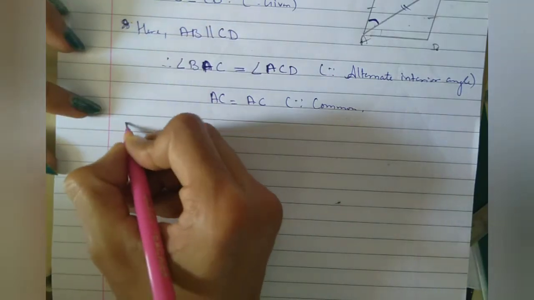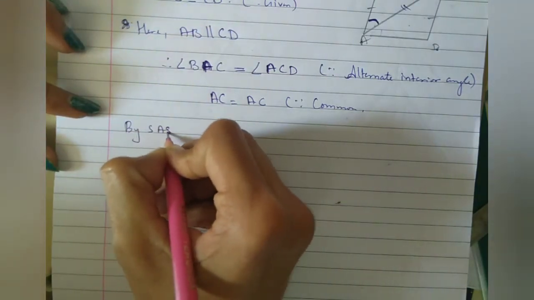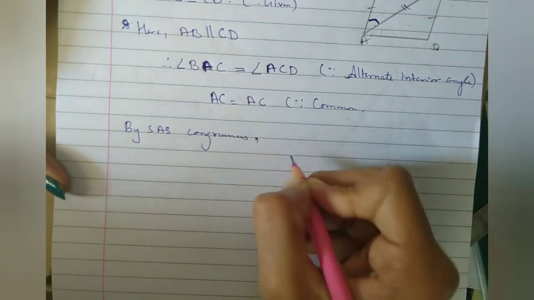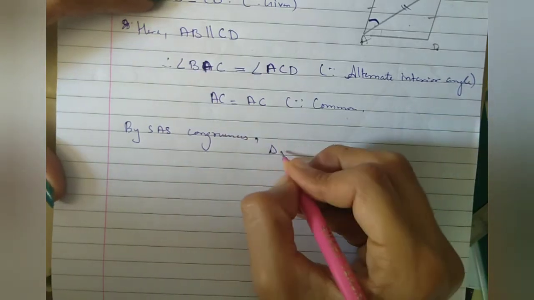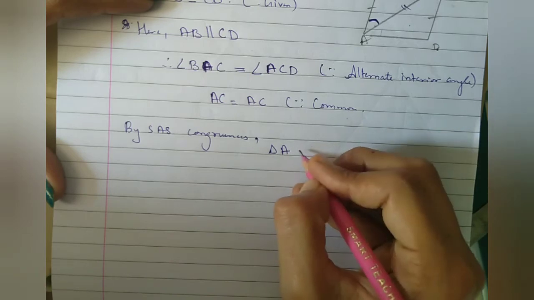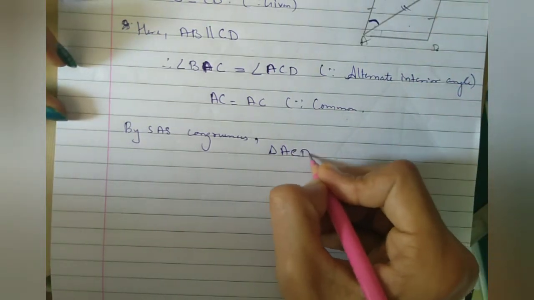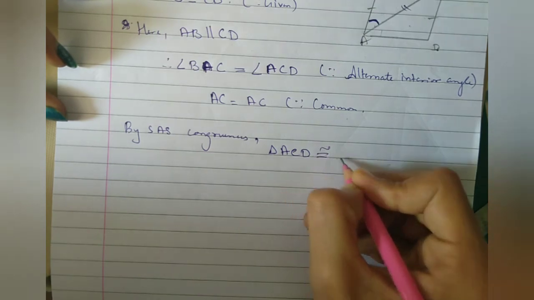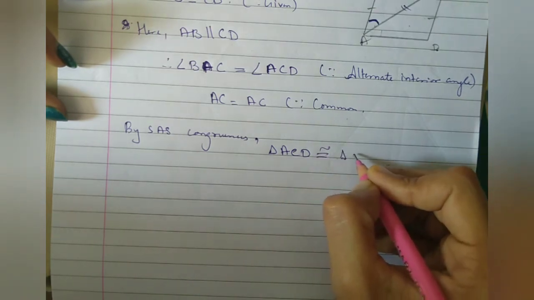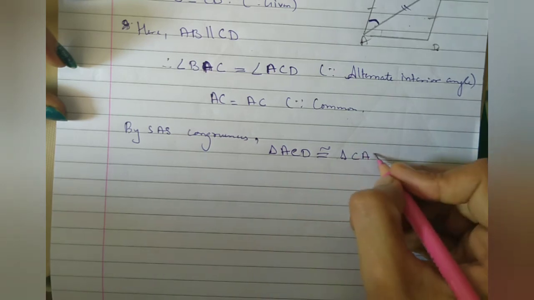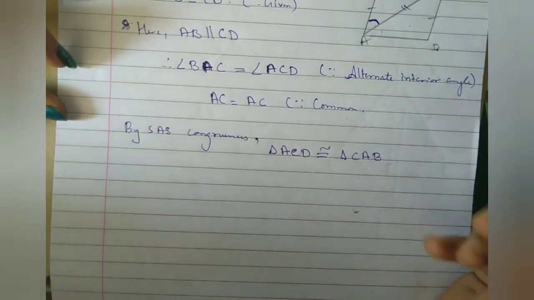Now three results we have. So what will we write? By SAS congruence, triangle ACD congruent to triangle CAB.